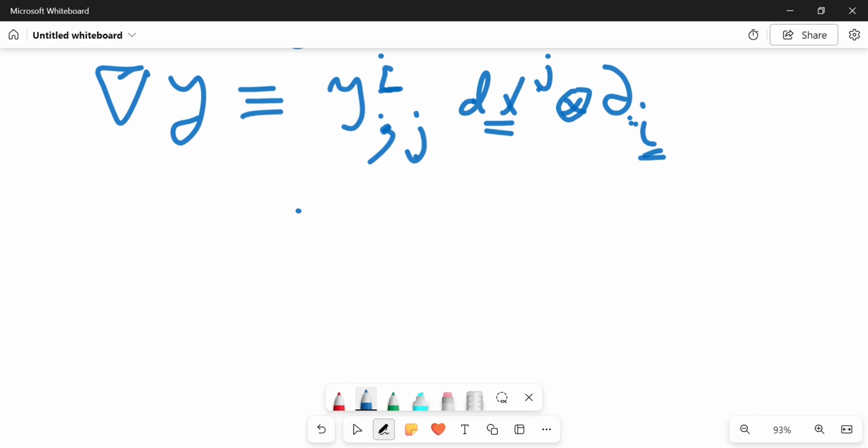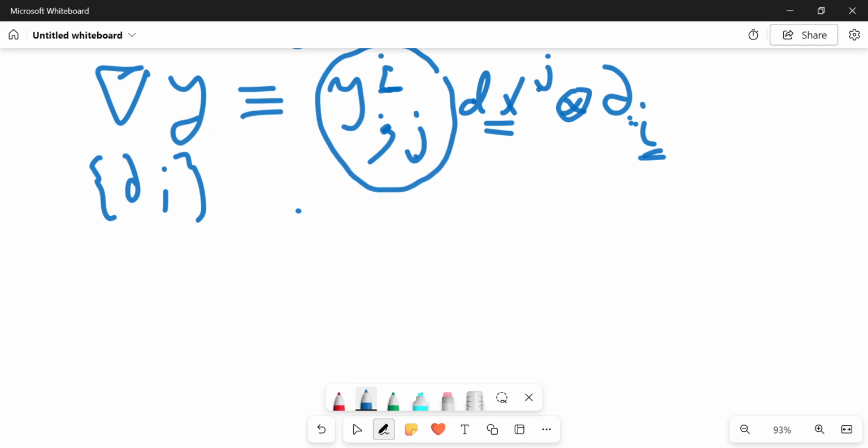Now we have a coordinate system, x^i. For the basis, our basis is d_i, d_0, d_1, as we explained already. Now, what is y^i;j? Let's see.